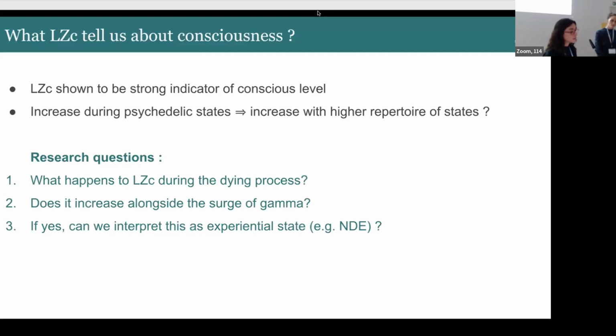Because on one hand, we saw that Lempel-Ziv can increase during psychedelic states, and that could be interpreted as a higher repertoire of states. So maybe if it increased during the dying process, during the surge of gamma, it could indicate this. But on the other hand, as I said earlier, it can also correlate with noise, so we could just be measuring a lot of noise.